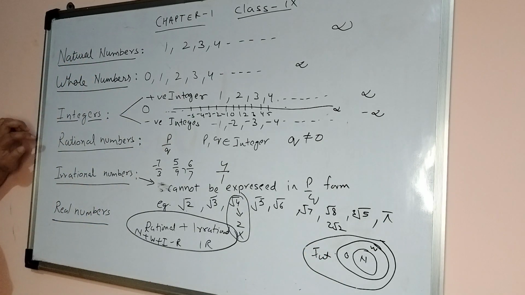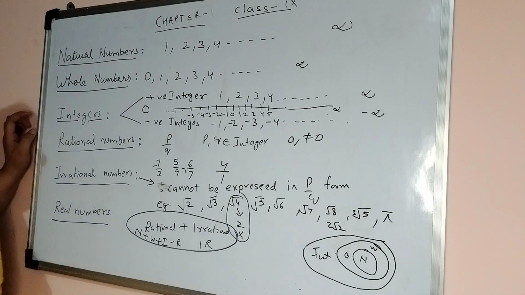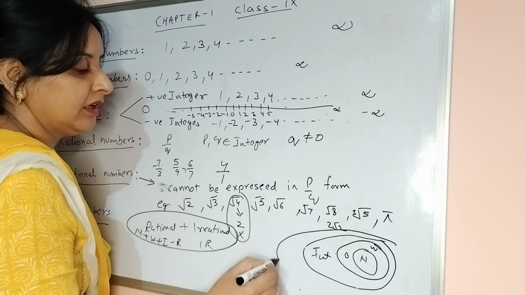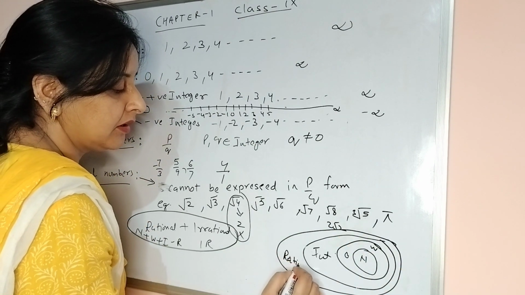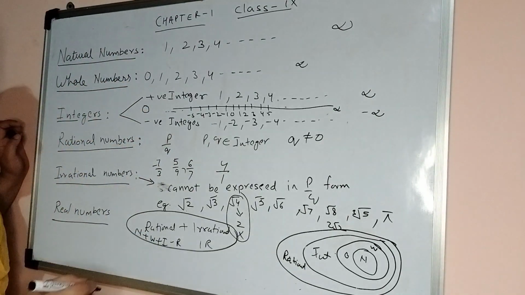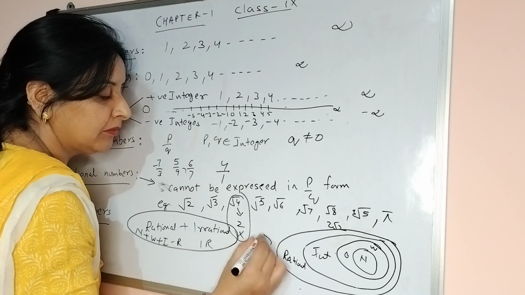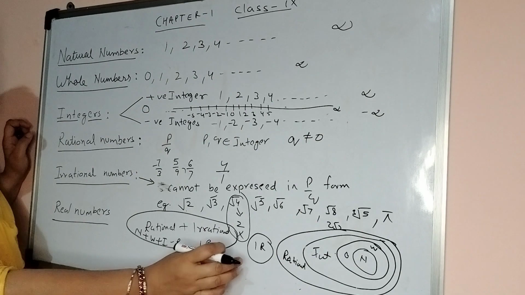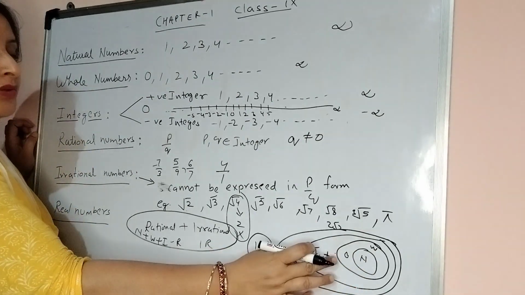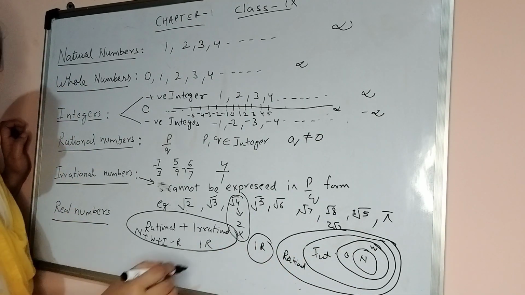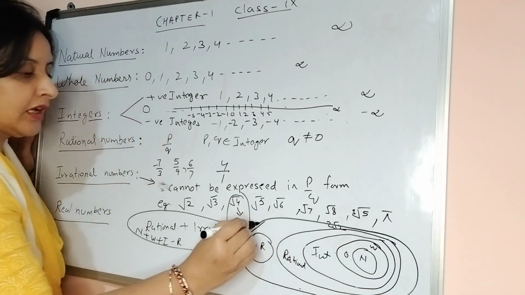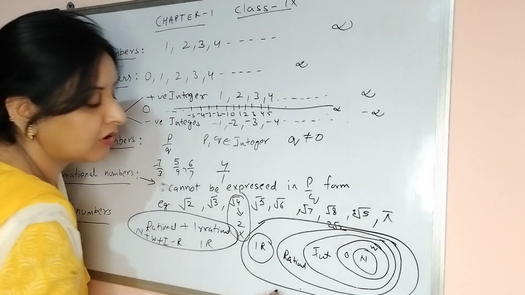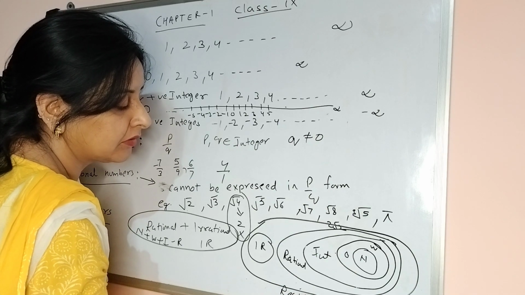And all the rational numbers consist of everything. This is rational numbers, a big set. Irrational numbers are quite separate, because they don't match with whole numbers, natural numbers, integers or rational numbers. And when we take a big set of it, that set is called real numbers.